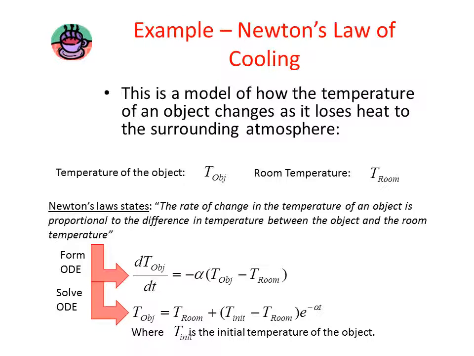And if we solve this differential equation, that is an ordinary differential equation, a differential equation of order 1, a first order differential equation, then we will get the value for T object, which is equal to T room plus T initial minus T room, times e to the power minus alpha t, where T initial is the initial temperature of the object.